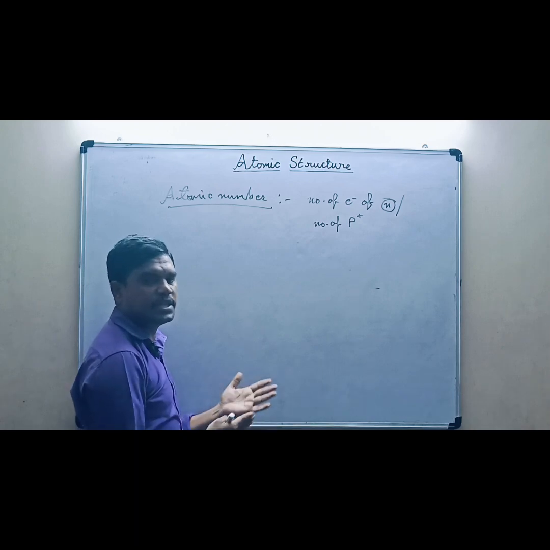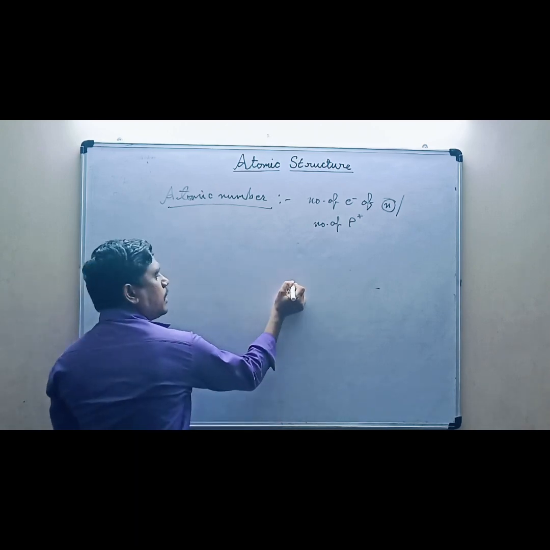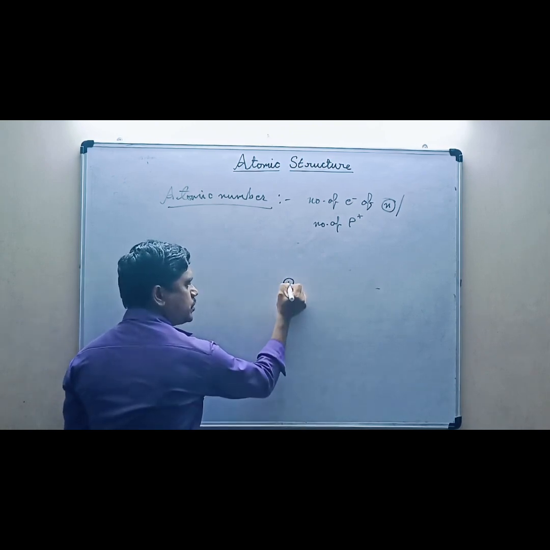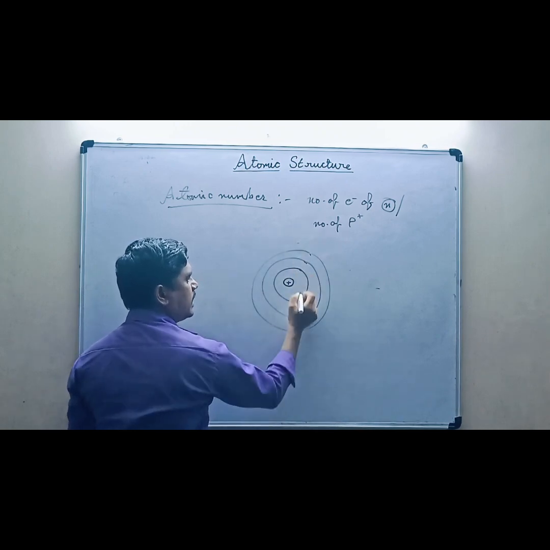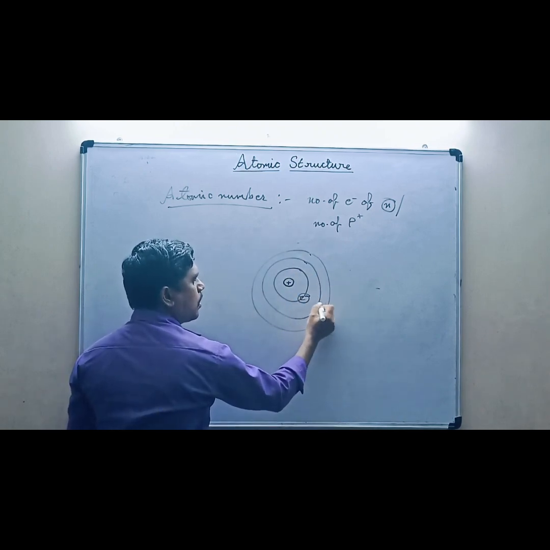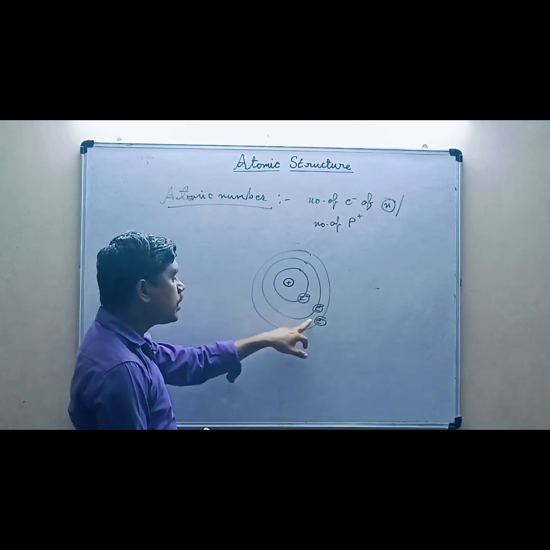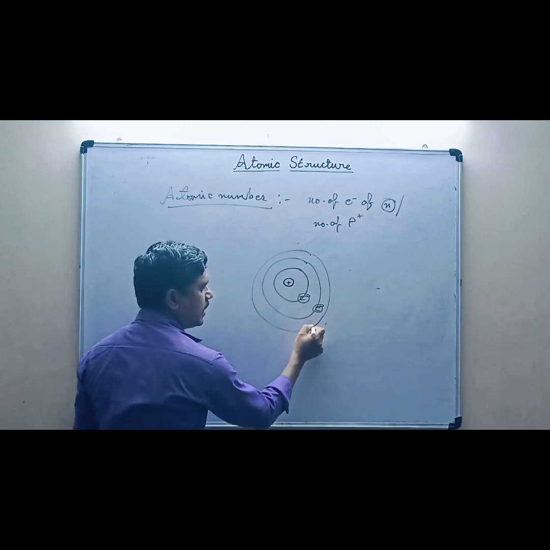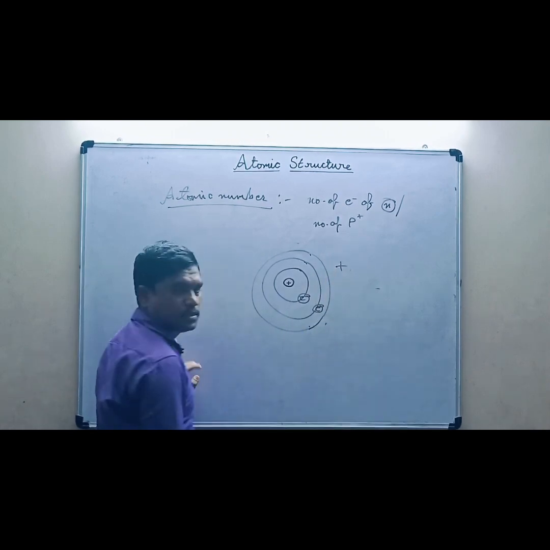We need not consider the neutron, because if you take any atom, as we already know, the nucleus contains the positively charged dense part and electrons revolve around the nucleus in fixed paths called orbits. If you remove one electron from the outermost shell, the element tends to get a positive charge.